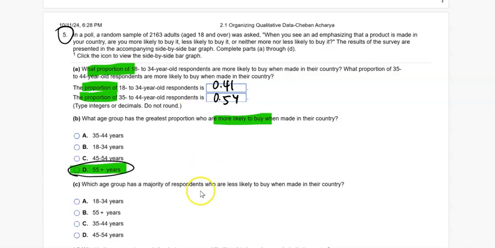Which age group has a majority of respondents who are less likely to buy when made in their country? I'm looking at the less likely to buy chart, and I have to find the age group.